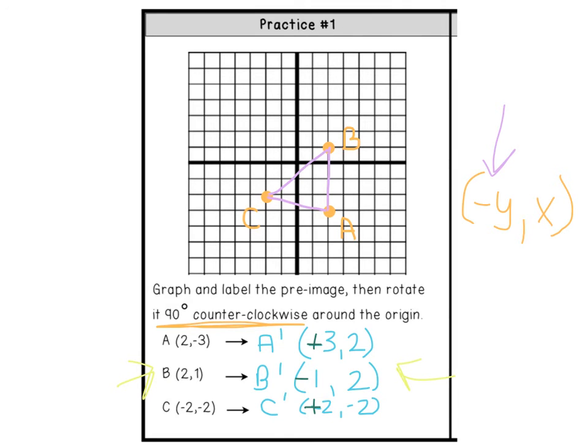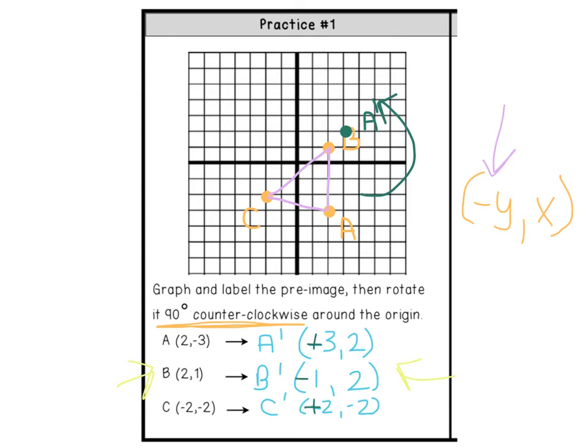And then now we're going to rotate it 90 degrees counterclockwise. So it's going to end up back here. We already did our ordered pairs, so let's go ahead and plot it. A prime is +3 and +2, so right there is going to be A prime, and we mark it.